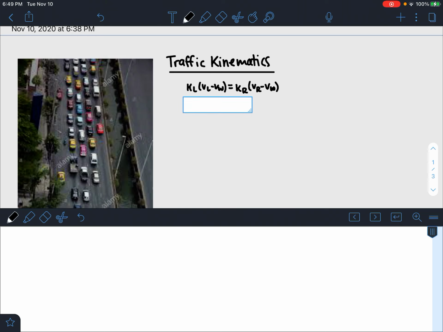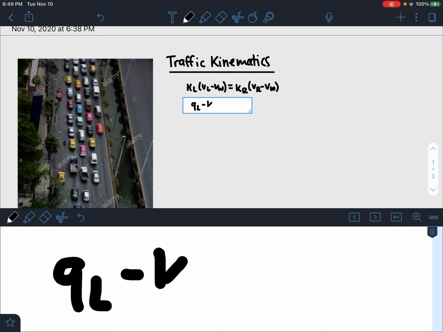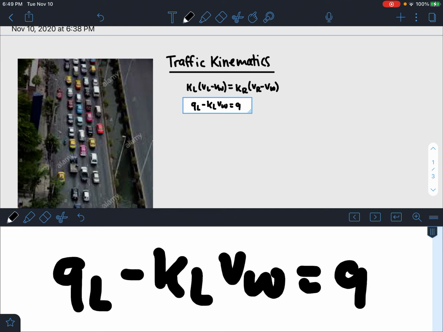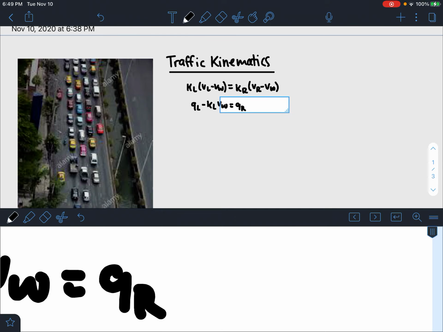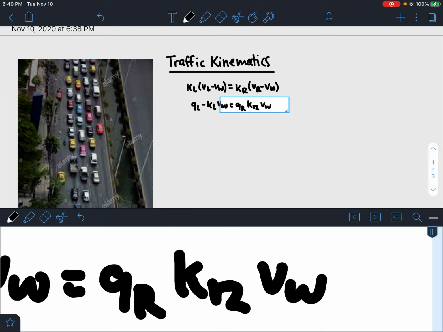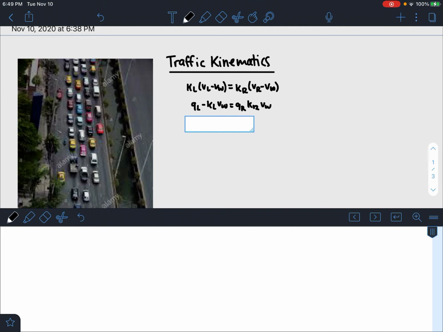If we do that, we get QL minus KL VW is equal to QR minus KR VW. Basically, what they're doing is replacing the Q's, equating across the shock wave.